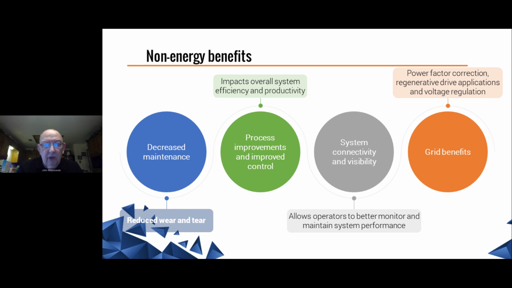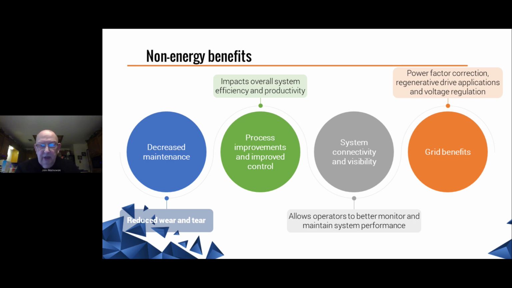You can improve process control by using the drives to, have one from column A and one from column B, and you can adjust to optimize the feed rates from all your basic feeder systems.